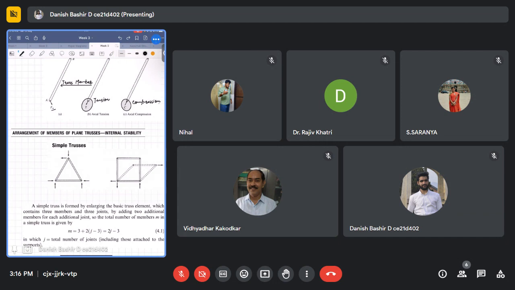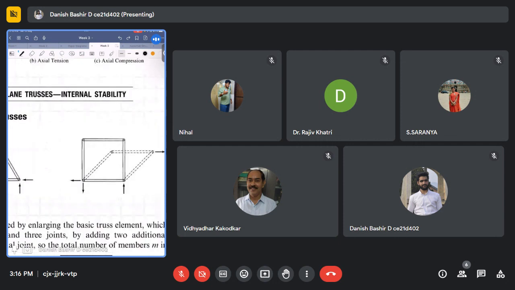But there is a particular way of connecting these members such that the structure that we form is stable. For example, instead of these three members, I will connect four members. One member, two member, three member, four member. I am encircling those so that it will be easy for you to recognize the member numbers.